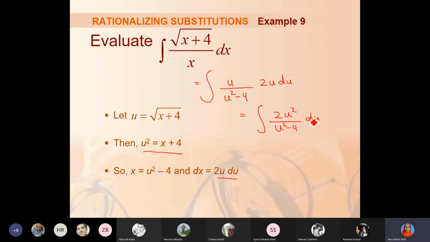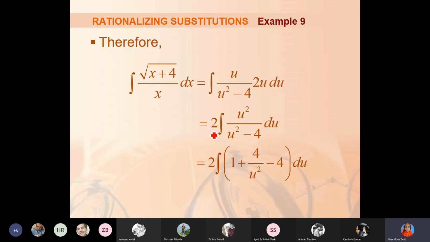Now the powers are non-negative integers. So I have a rational function, a polynomial in the numerator and a polynomial in the denominator, but an improper rational fraction. So first I need to do the long division, and after the long division, we'll get 2 times 1 plus 4 over u squared minus 4.